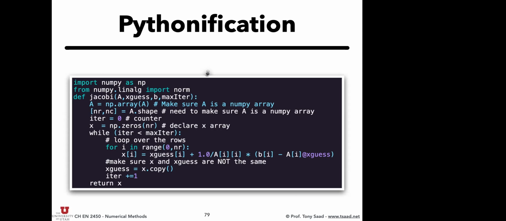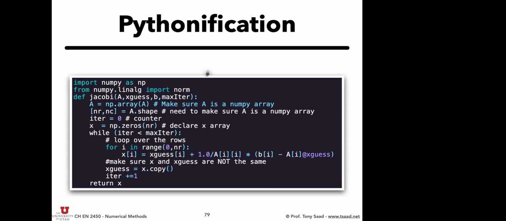Next, I'm grabbing the number of rows and number of columns. And here you can, for example, do error checking. You can check whether the number of rows equals the number of columns to make sure that this system is invertible, right? I don't do that over here, but I need this number of rows or number of columns just to know how many unknowns I have.